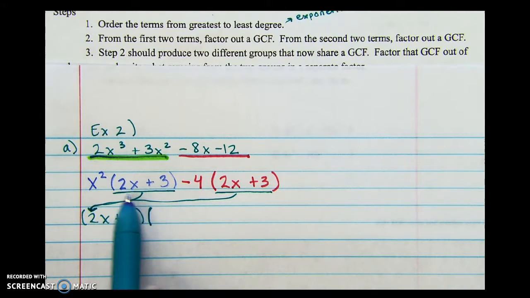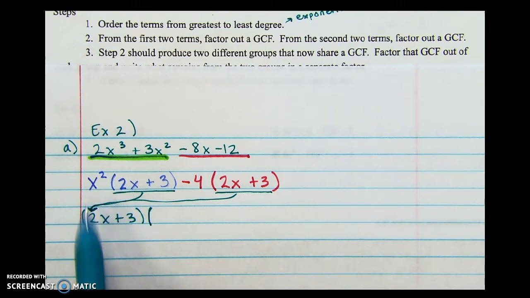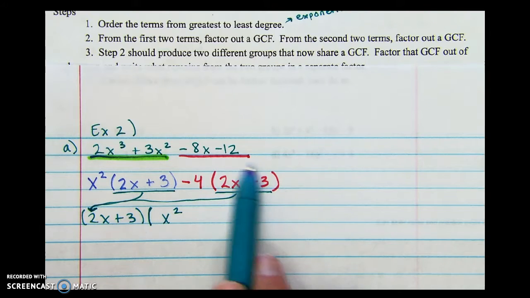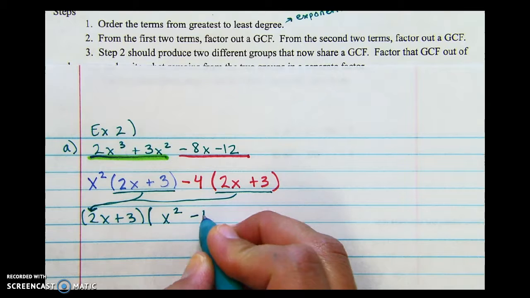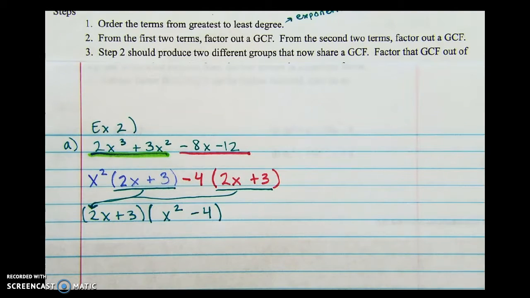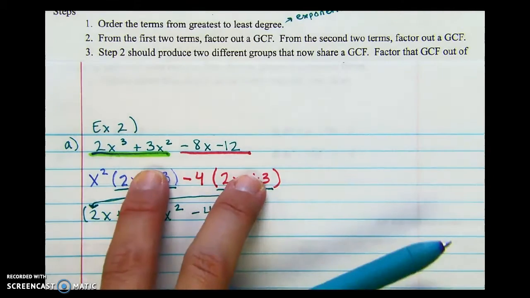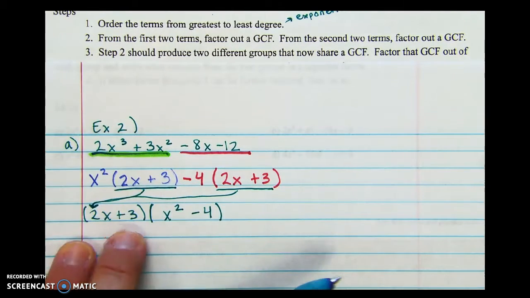Now, if I took out 2x plus 3 from the blue group, what's left in the blue factor? X squared. And if I took out 2x plus 3 from the red group, what's left there? Okay. So do you see how we had 2x plus 3 twice, and now we only have it once? So we factored it out of the two terms.